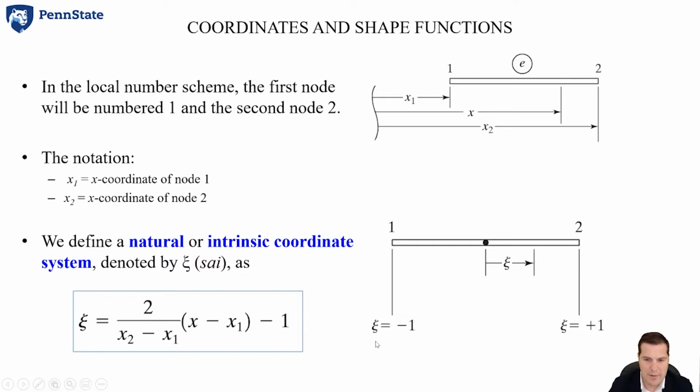This function takes wherever you're at, x, whatever location, and your x1 and x2, which are the coordinates of your nodes, and it transforms it to basically -1 to 1 in that range.